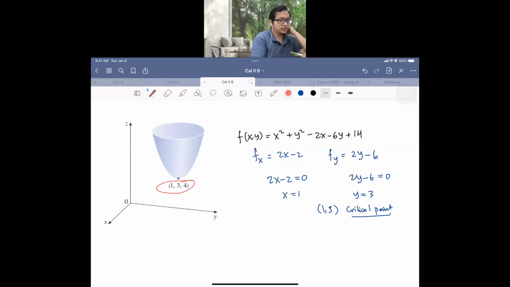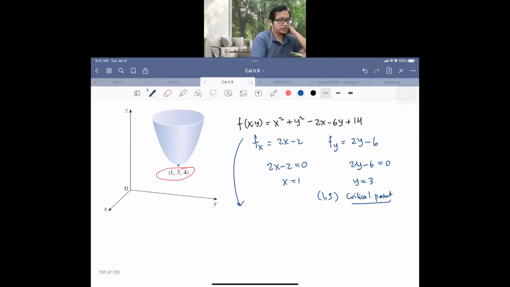If we complete the square and see for ourselves with the quadratic surface, if you remember, we shifted the vertex, so we can write it down.